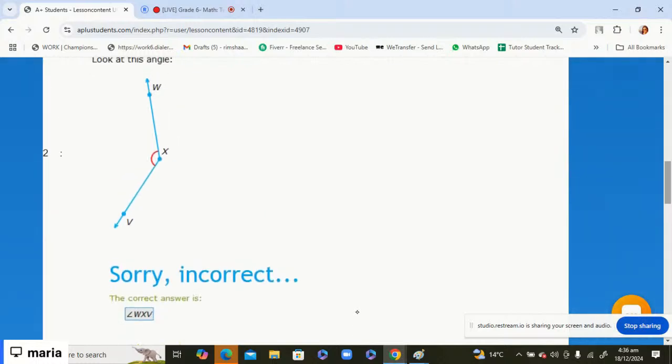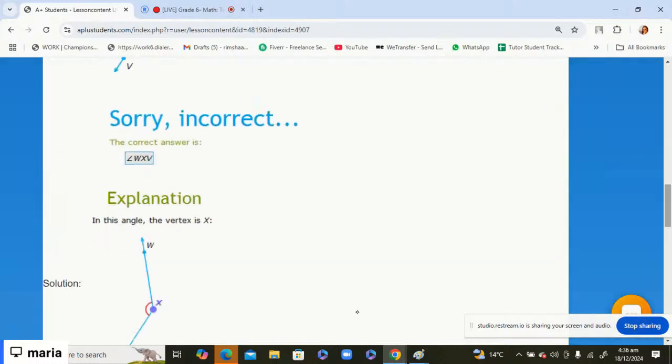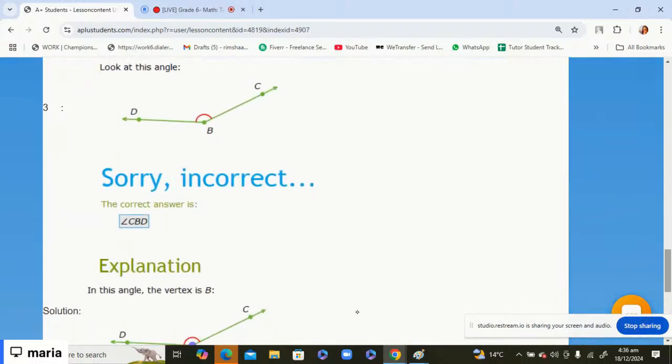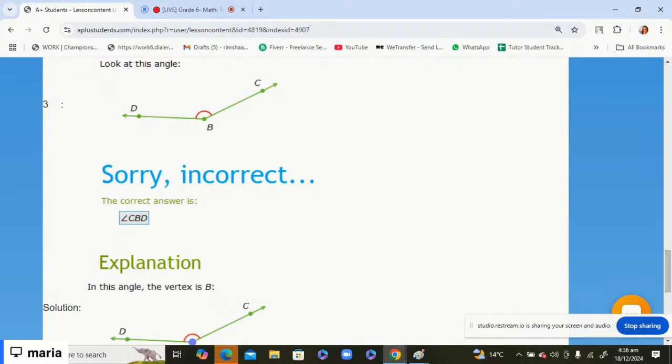Now look at here in the second question. This is W, X and V. So you can say angle WXV, like we are moving in this way. Now in this one, you guys just tell me.